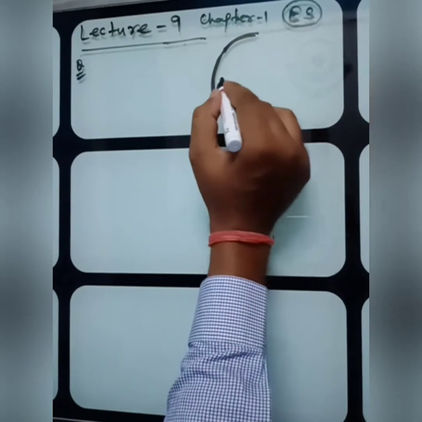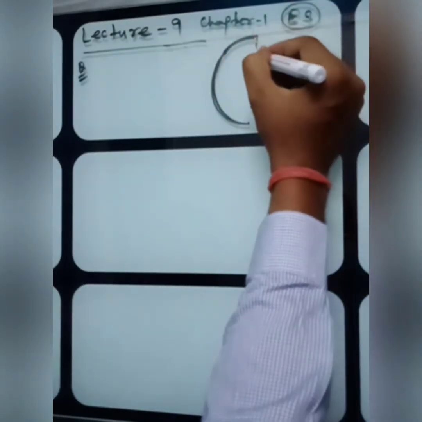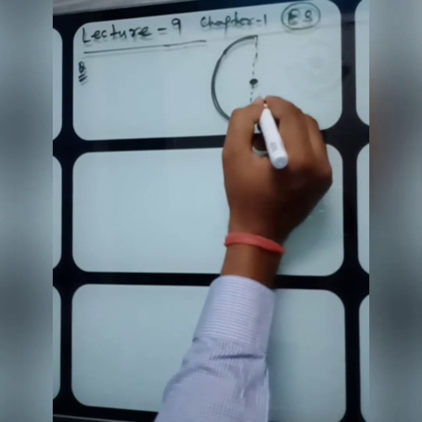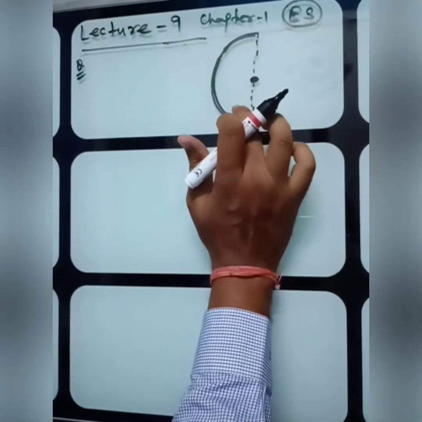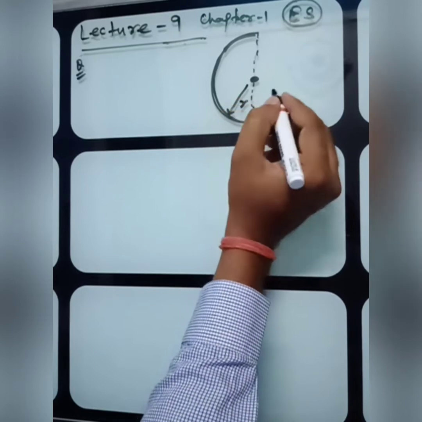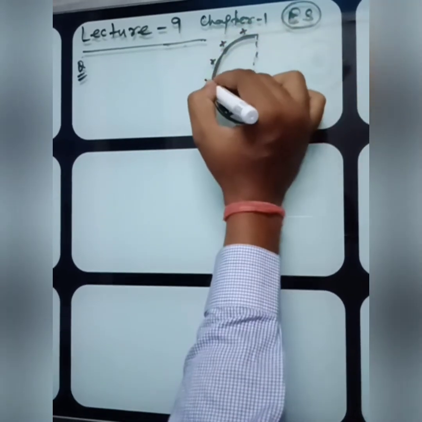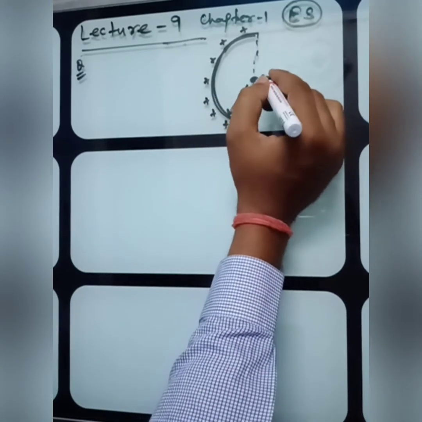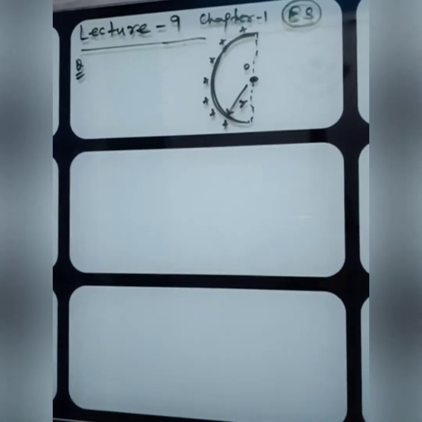Could you find the electric field at the center of the ring, where the radius of the ring is R? It is a positively charged ring. You have to find the electric field at this point O, at the center of the ring.